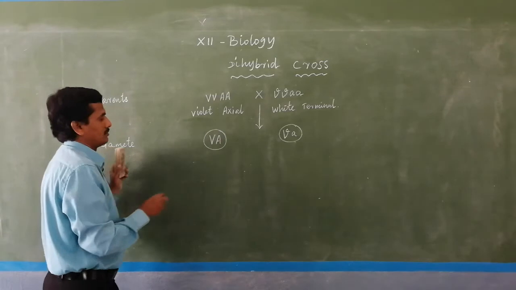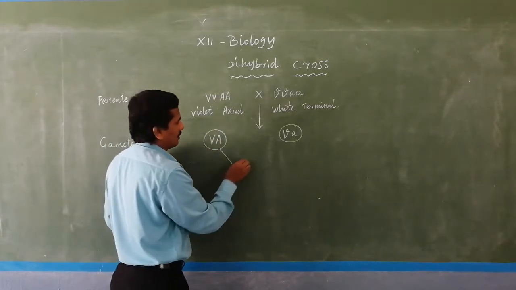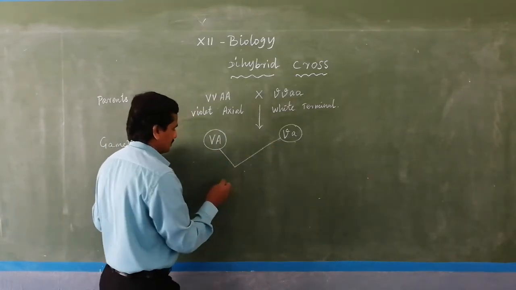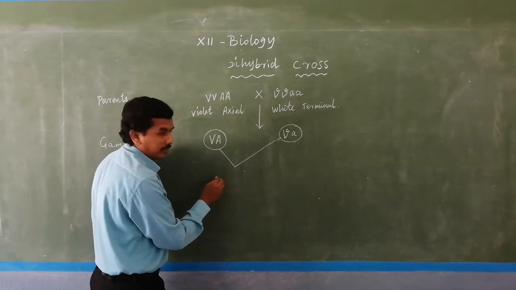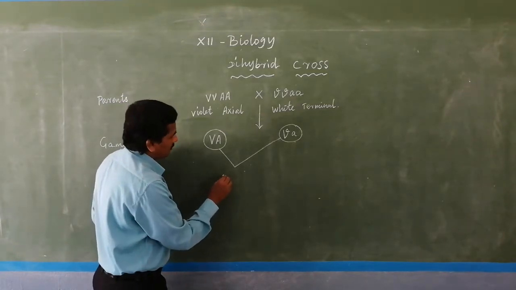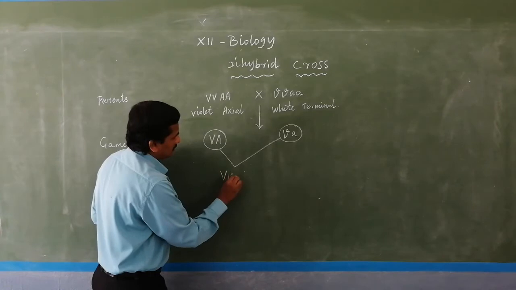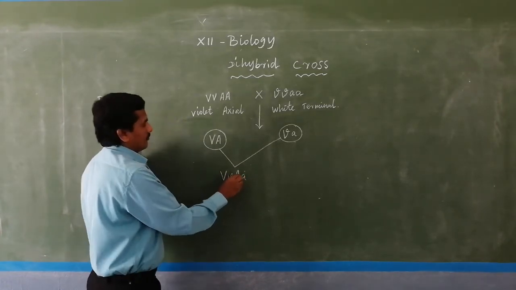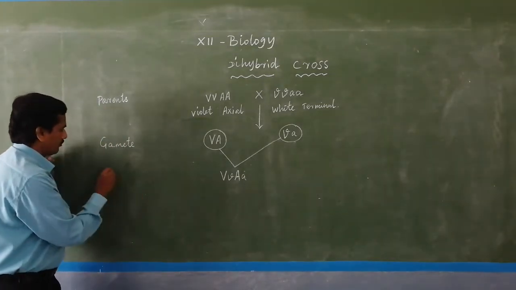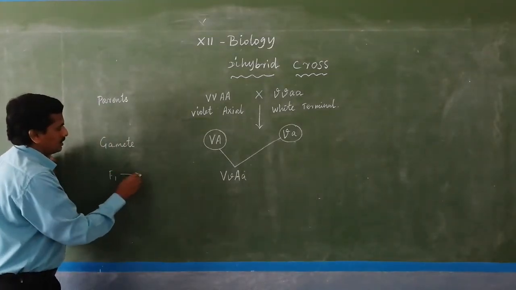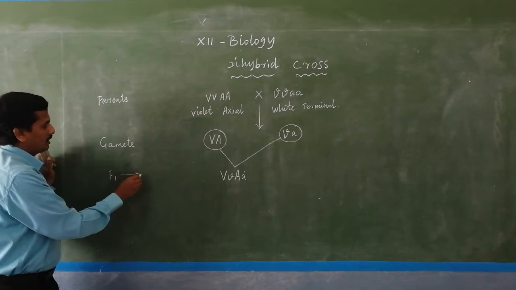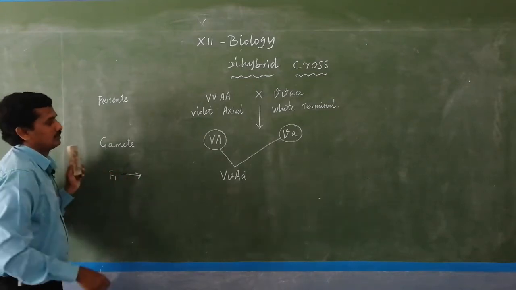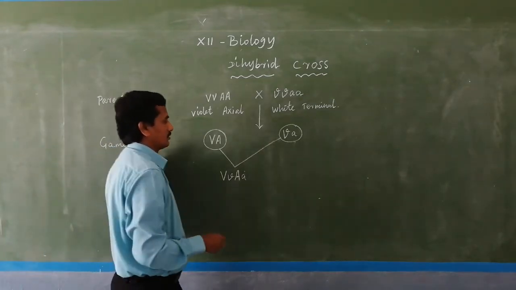This is actually gamete. The male gamete fuses with the female gamete. The plants are produced. The plants means violet color with the axial. So, actually this is F1 generation. F1 generation means filial 1 generation. So, this is violet and axial.